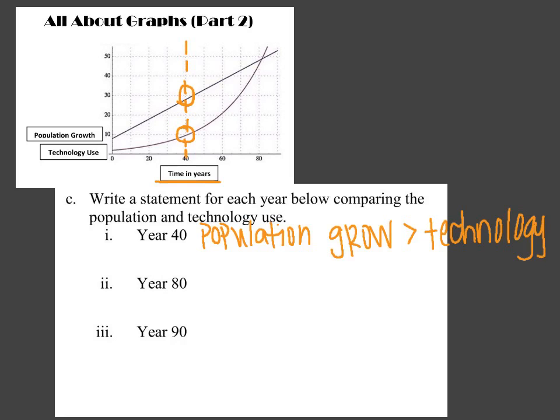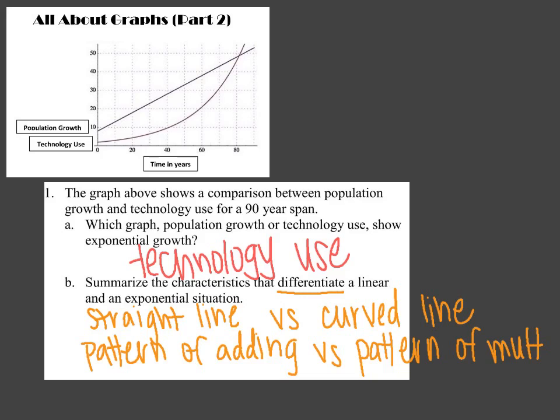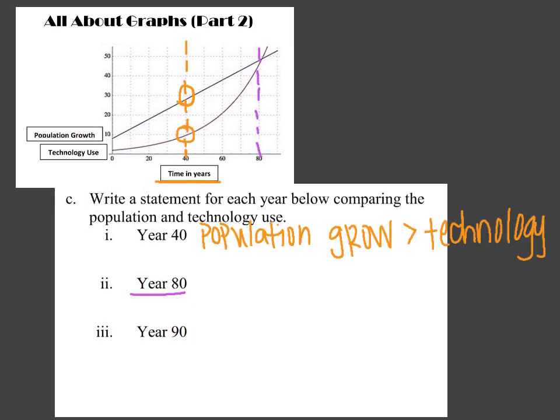Now it's asking me to look at year 80. At year 80, if I want to compare the two, it looks like they crossed. So population growth equals technology.